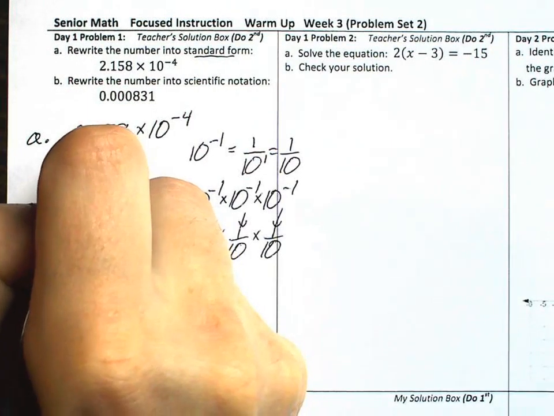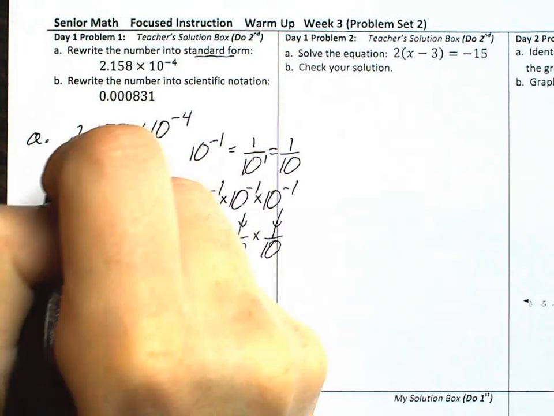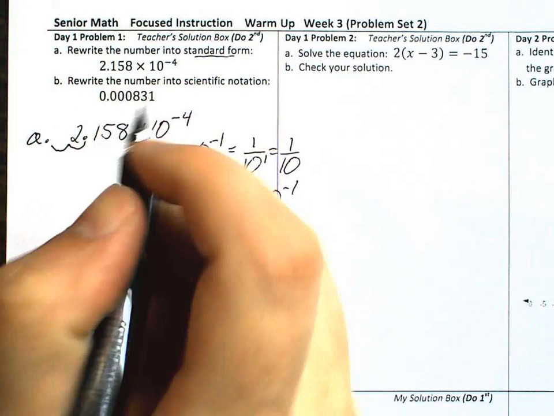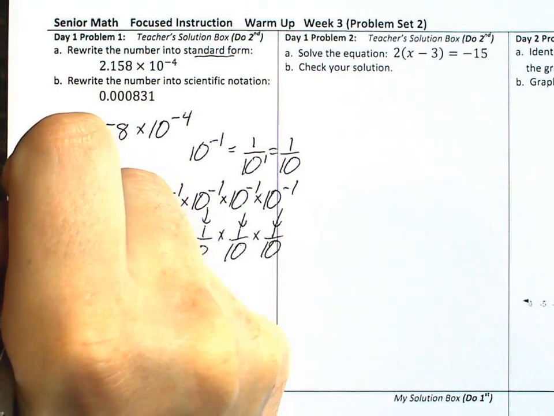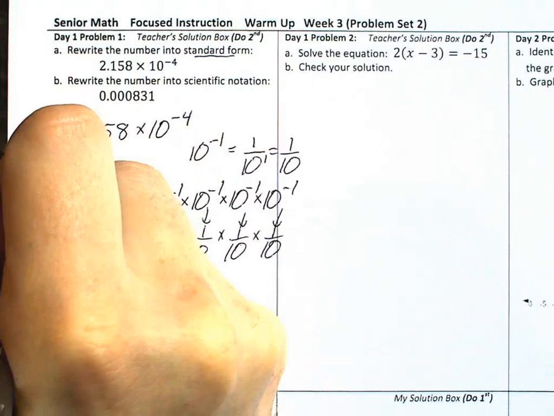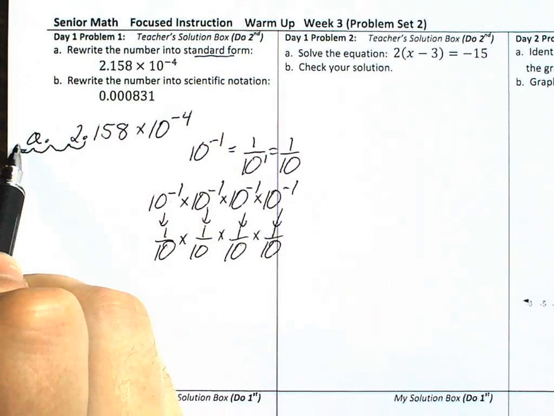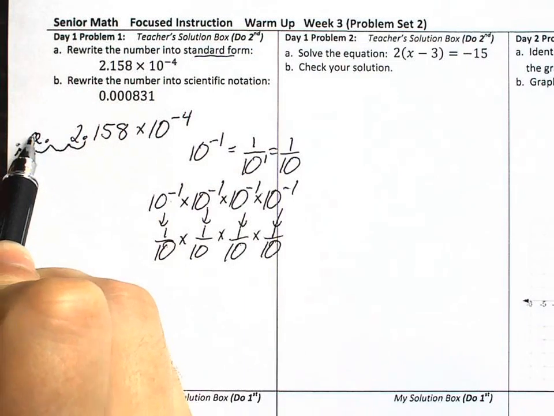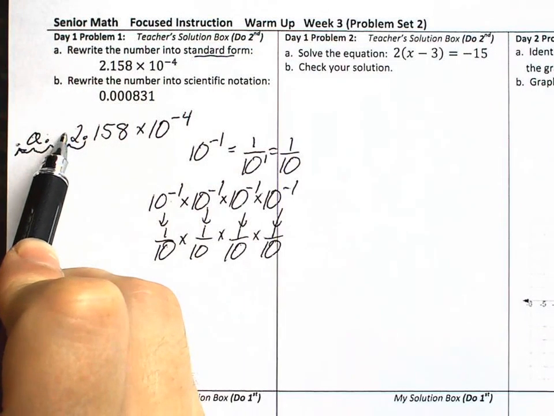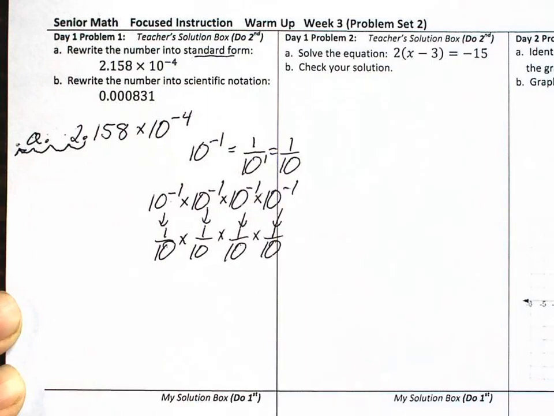Let's do that. 1 spot, 2 spots. This will need to be filled in with a placeholder 0. 3 spots, and 4 spots. The decimal point's going to be out here at the beginning, and there will need to be some zeros filled in as placeholders in front of these digits.